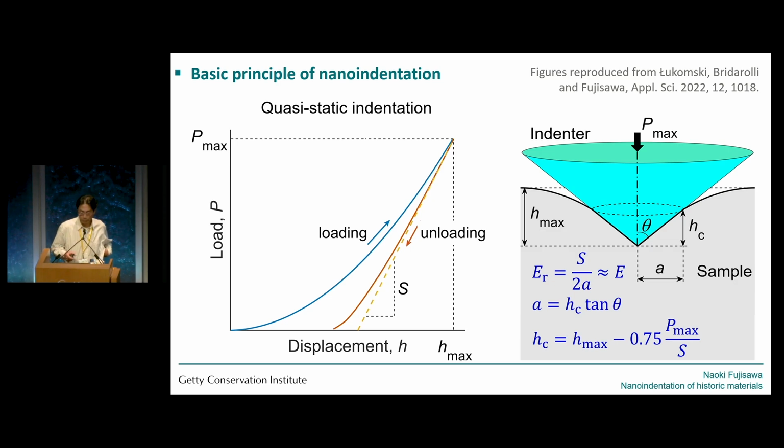So nanoindentation involves pressing a conical or more typically pyramidal indenter into the sample surface while recording the load applied and the resulting displacement continuously throughout the loading and unloading cycle.